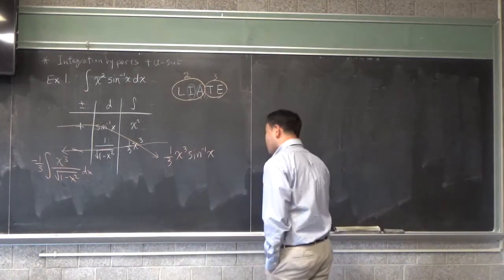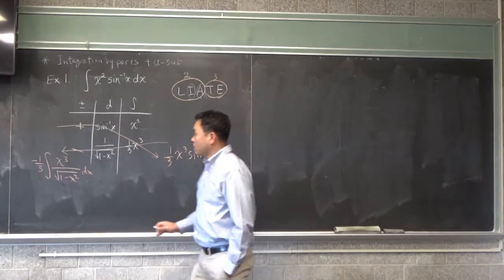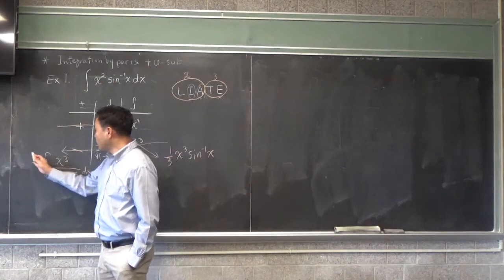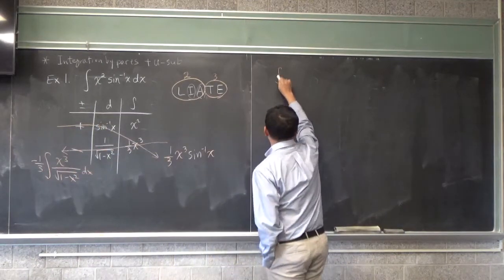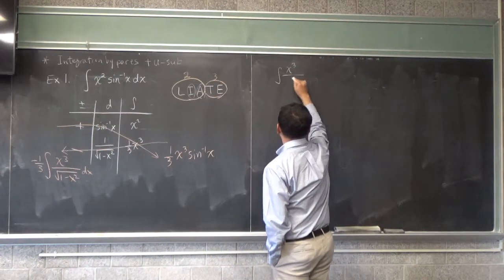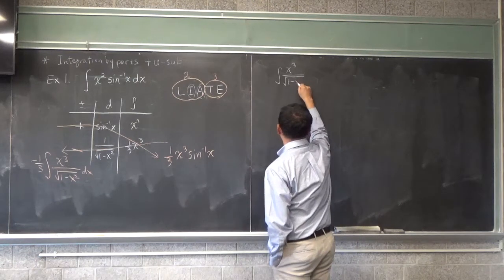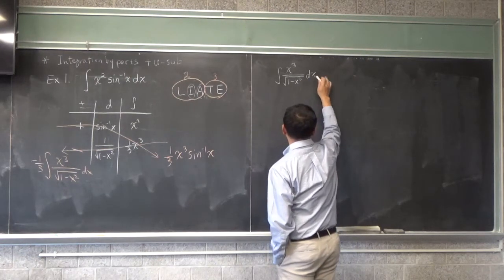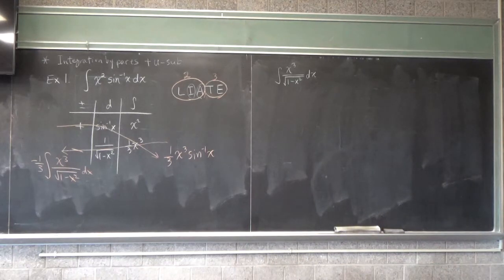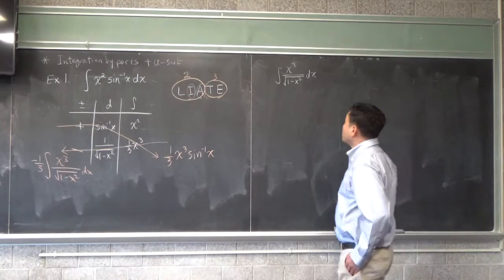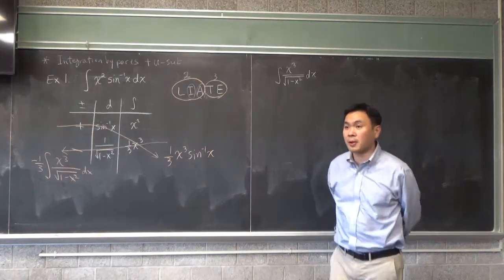Okay, now let's try to do that integral. We're going to ignore the negative 1/3 for now and just focus on this integral. Integration of x cubed over square root of 1 minus x squared dx. And this requires u substitution.